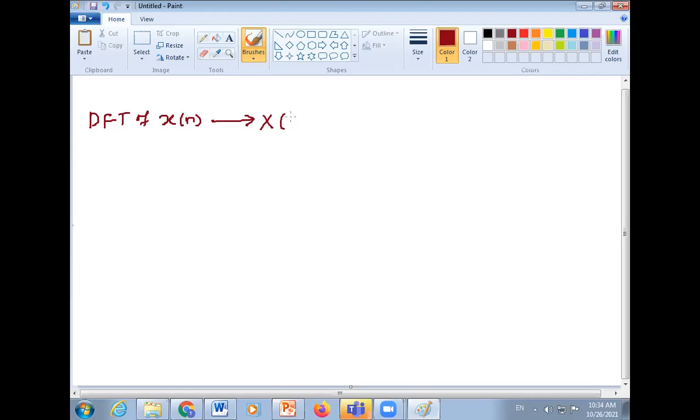The value of x of n here is 0, 1, 2, and 3. Then its DFT we got as 6, -2 plus 2j, -2, -2 minus 2j.